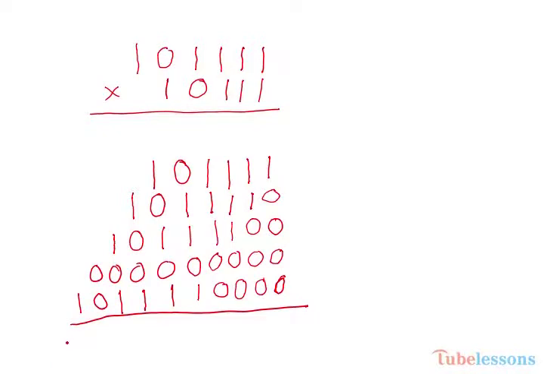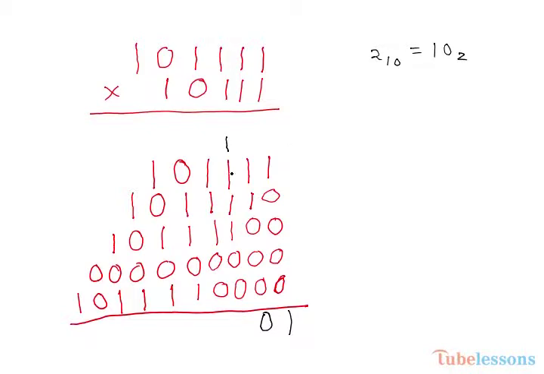Now add up all these numbers. 1 plus 0 plus 0 plus 0 plus 0 equals 1. 1 plus 1 equals 2. Decimal 2 is equivalent to binary 10. So let's put that 0 here, and 1 will be carried forward to here.